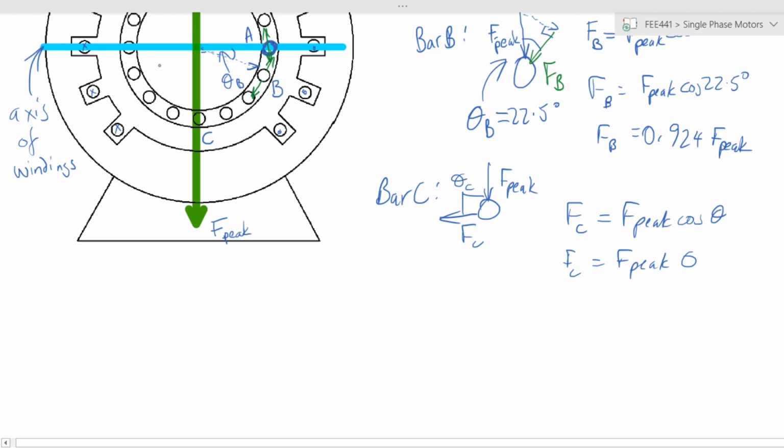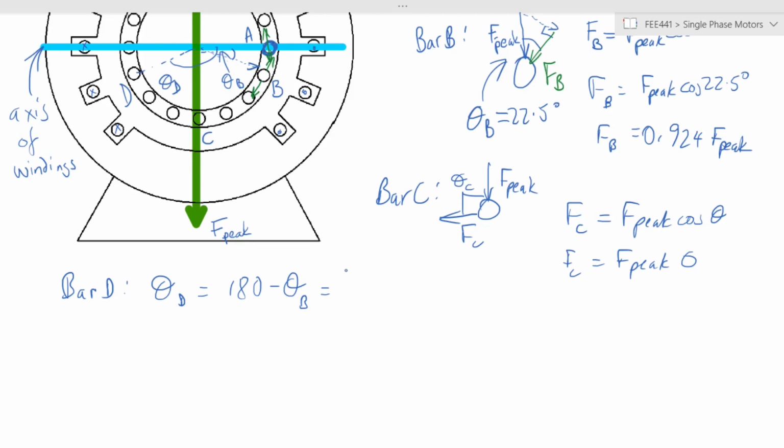So now let's look at another point which is directly opposite from B. Let's call it bar D, which is located there. Now D has an angle, measured from the axis there, theta D, right? Theta D is equal to 180 degrees away from theta B, which means it is 180 minus 22.5, which is 157.5 degrees.